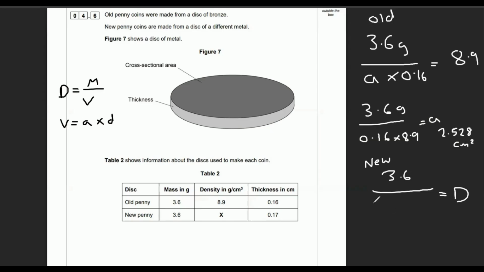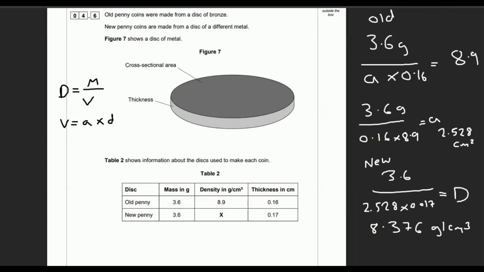We know the area is the same, so the volume is equal to 2.528 times the depth of the new penny, which is 0.17, and we know that that is equal to the density X. So let's smash that in the calculator and see what we come up with. So 3.6 divided by 2.528 times 0.17, and that gives me 8.376. That's density, so that's grams per centimeter cubed.